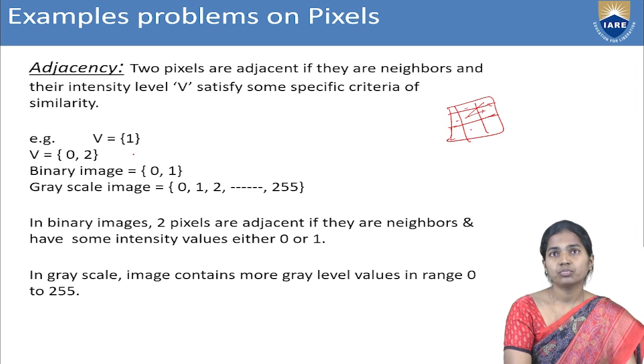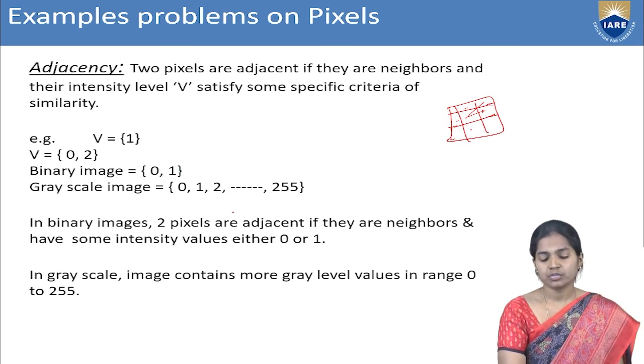Here V equals 1, for example V equals 0, 2. In a binary image we represent 0, 1, and in grayscale we represent 0, 1, 2 up to 255.